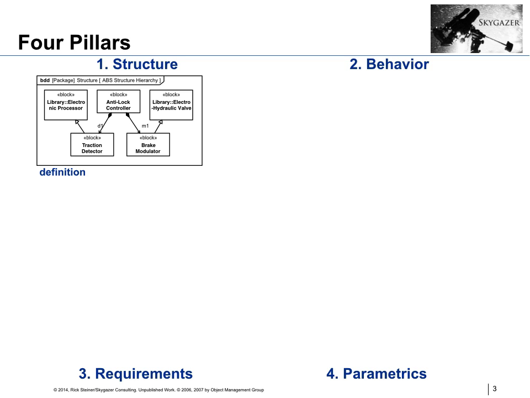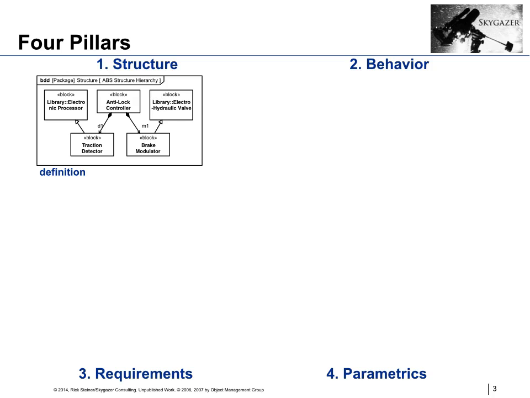There's another relationship shown in this diagram which is also quite interesting, and that is the white triangle relationship, which is one of generalization or specialization. In this case, you can see that the block traction detector is a kind of electronic processor, and that the brake modulator is a kind of electrohydraulic valve. That's what the white triangle really means.